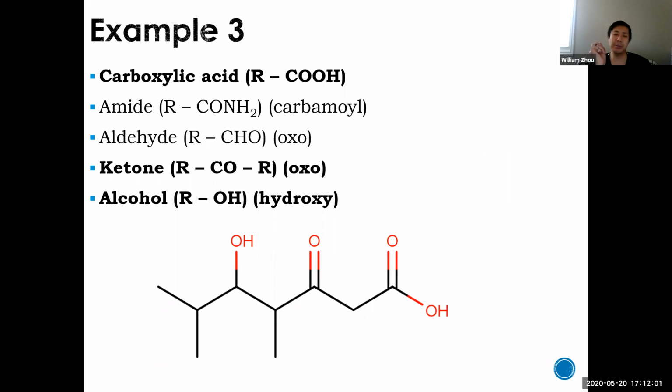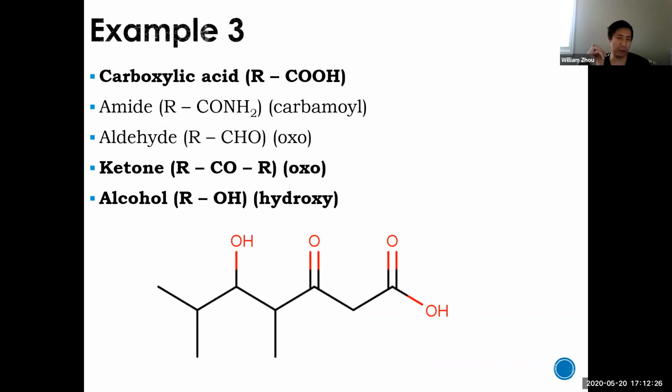This one is difficult, okay? How would you name something with multiple functional groups? I kind of talked about this in the last lesson, which I guess you missed. But let me just reiterate right here. If you have multiple functional groups on the same compound, there is a list of hierarchies.